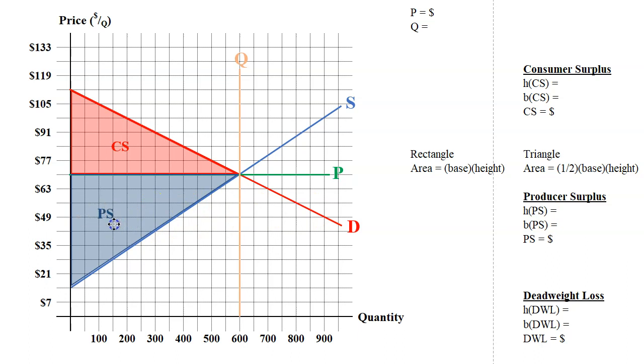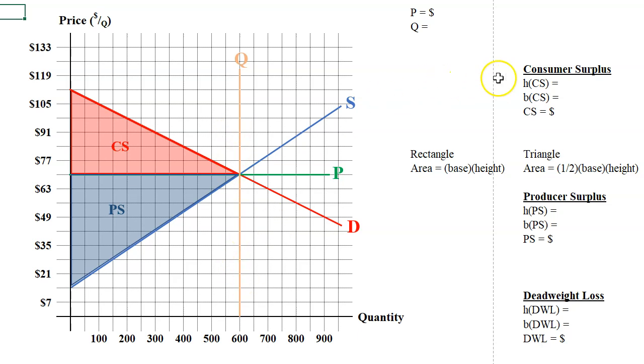Now, in this particular situation, there is no deadweight loss. The deadweight loss would be a region over here, a triangle over here that is to the left of the quantity, or excuse me, not to the left. The deadweight loss is always on the right side of the quantity line, but as long as the market has the equilibrium price and equilibrium quantity, then there will be no deadweight loss.